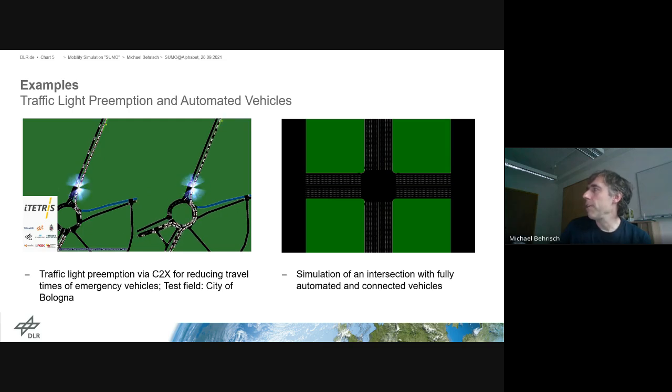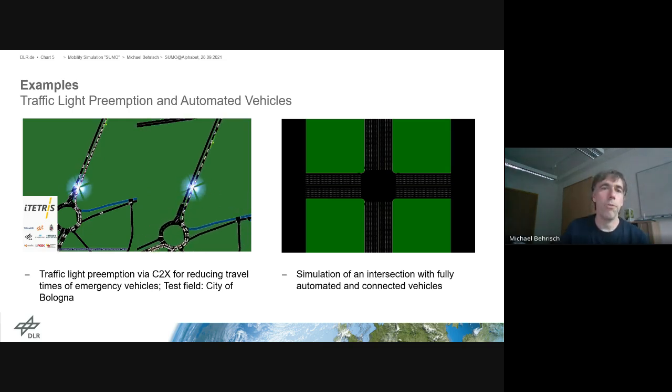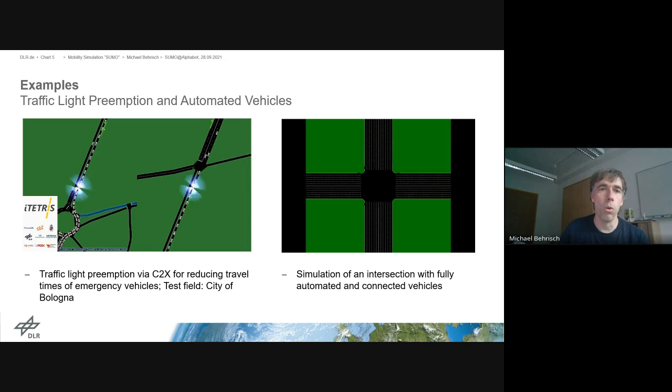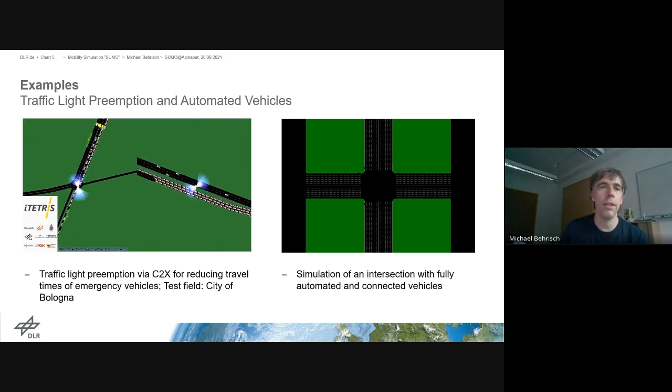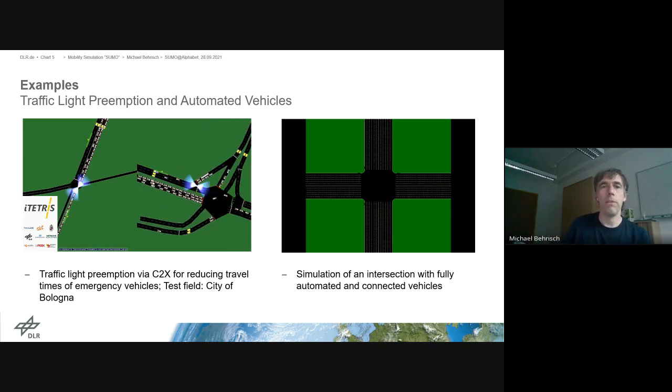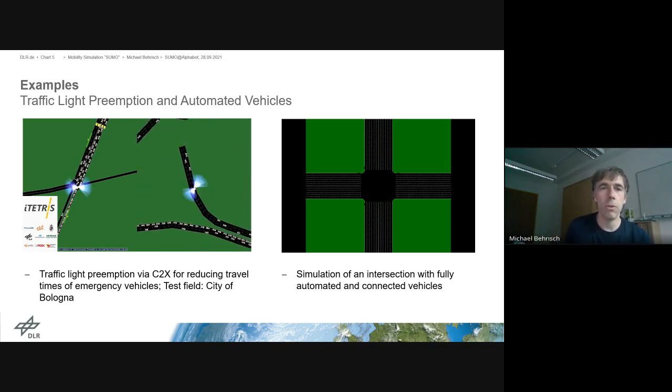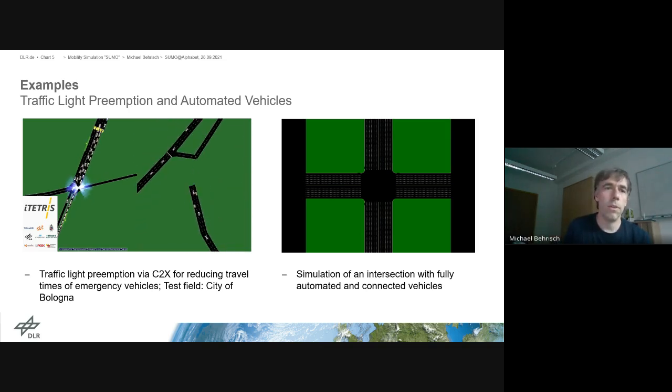So this is basically to show what you can do if you have a network-wide control and can easily switch the traffic light to green early on. So not only when the vehicle is very close to the intersection, but very early on to already remove all the jam which is just blocking the vehicle.